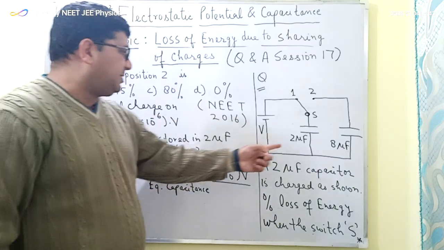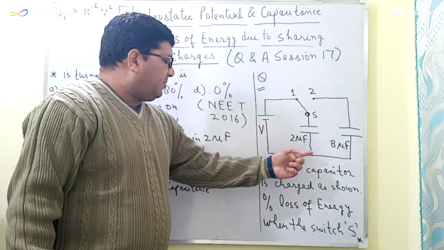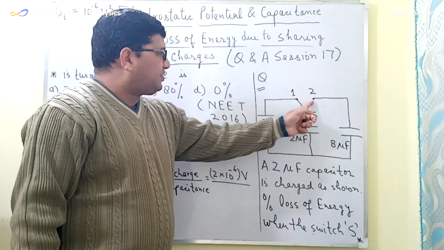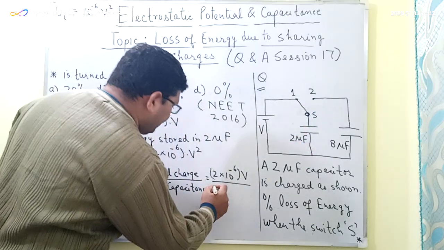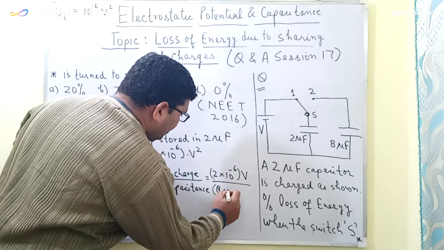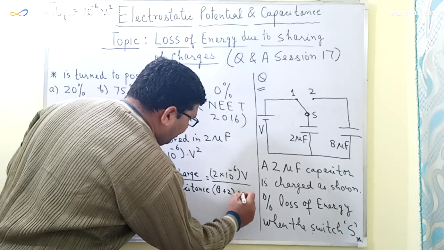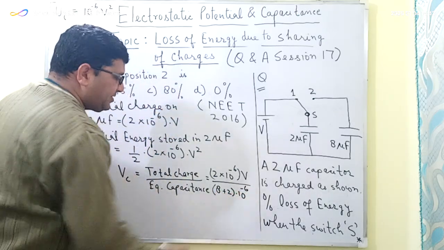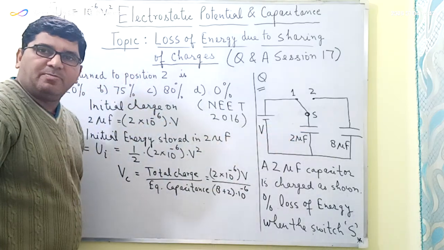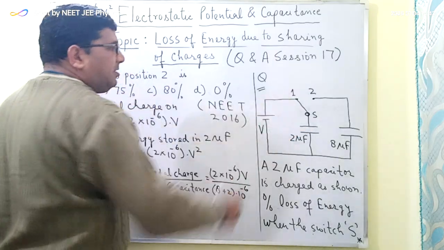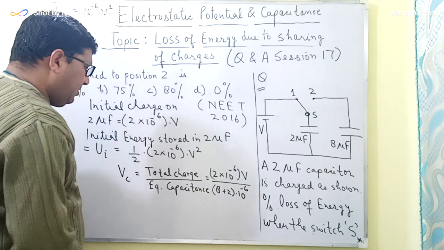Now the equivalent capacitance in this case, after the switch is turned to the position number 2, these two capacitors will be in parallel, and the equivalent capacitance will be equal to 8 plus 2 into 10 to the power minus 6. This is the equivalent capacitance, because these two capacitors will be in parallel when the switch is turned to the position number 2.